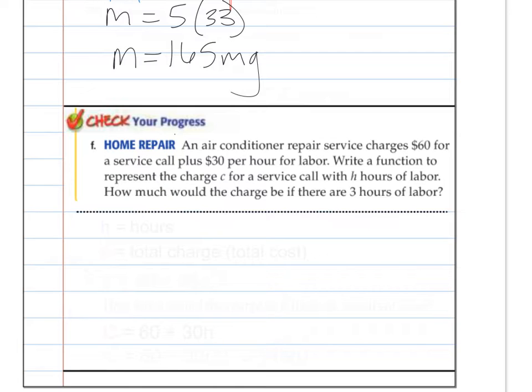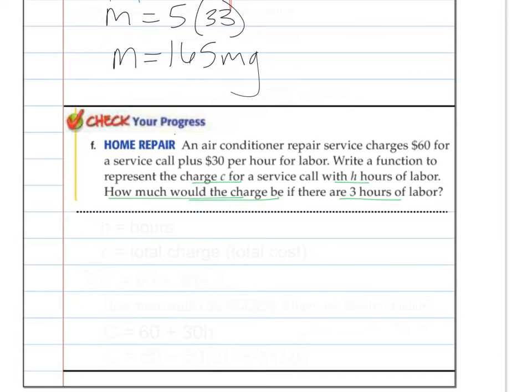Write a function to represent the charge C for the service call with H hours of labor. How much would the charge be if there were 3 hours of labor? This question tells me what my variables are, and it also tells me what I'm given is 3 hours, and I'm looking for the charge.